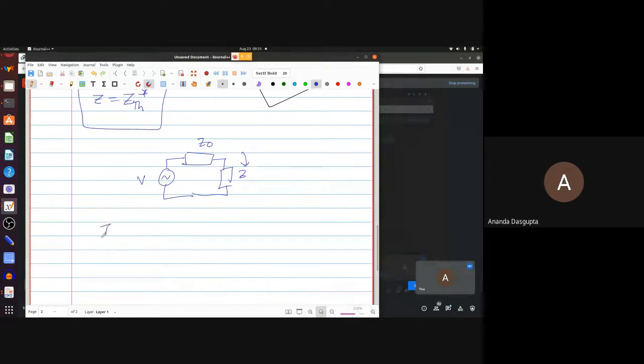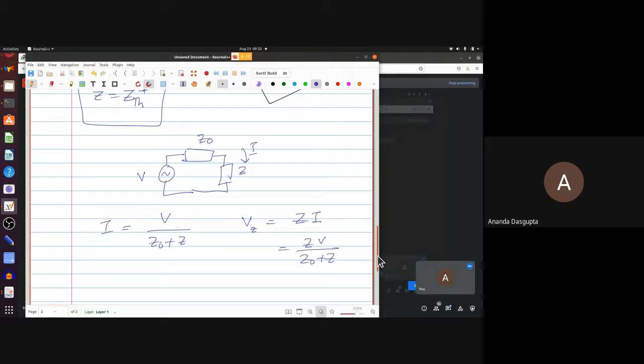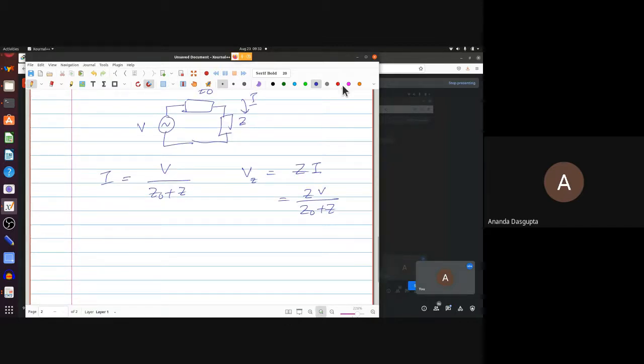So the current through the impedance Z is, of course, V by Z0 plus Z. The voltage across Z is Z times that. And the real question that you have now is, how much is the power?